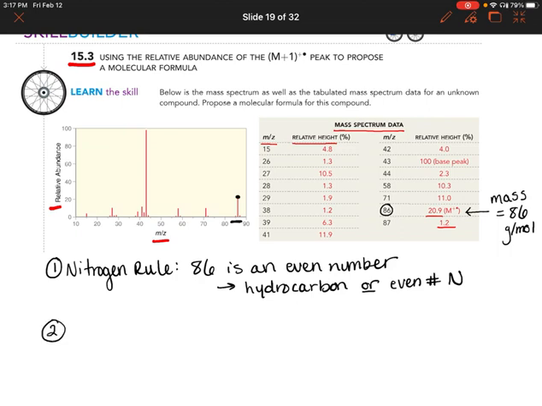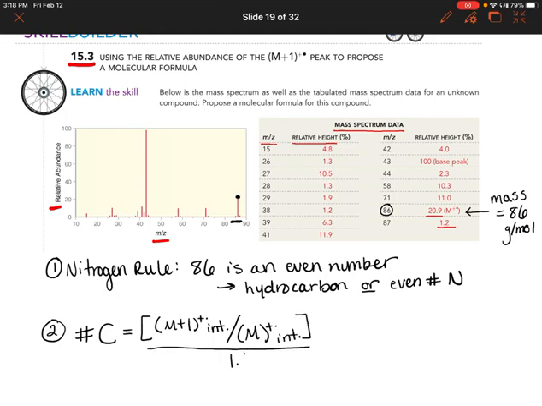Second, I'm going to use our equation for calculating the number of carbons in our compound. Last time we saw that the number of carbons is equal to the intensity of the m+1 peak divided by the intensity of the parent peak. Then we divide all that by 1.1, because that's the relative abundance of carbon-13 compared to carbon-12, and then we multiply by 100.